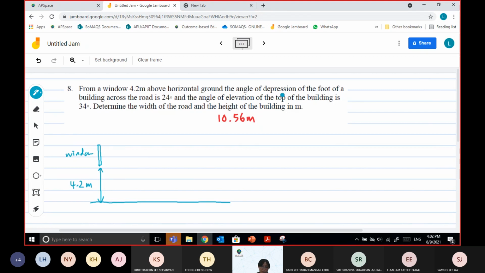The angle of depression of the foot of a building across the road. So let's say this is a road, and across the road there is another building here.